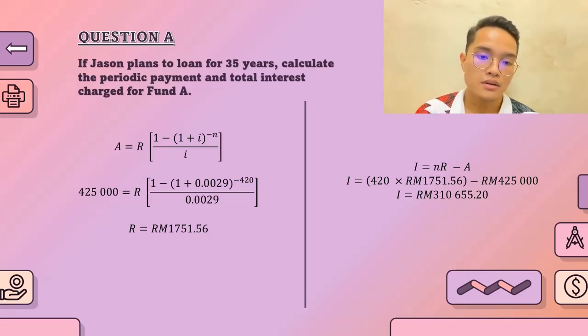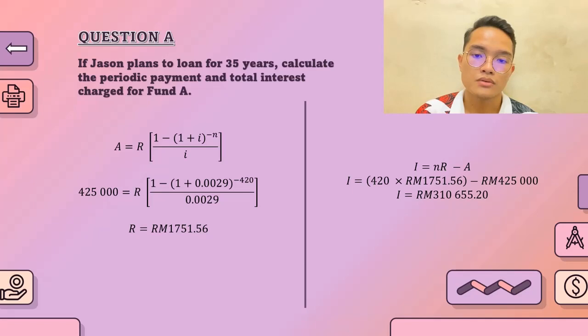Because 450,000 ringgit is subtracted by the money that Jason wants to use for the down payment, which is 25,000 ringgit.